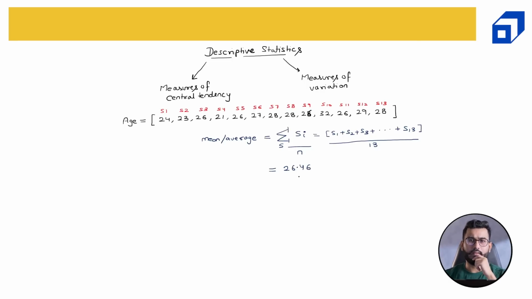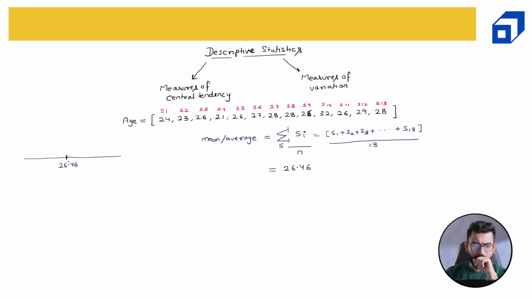What is the meaning of average? Assume that I have a number line. Now in this number line, this point 26.46 is lying at the center of the data, or maybe at the center of the number line. Now it might be at exactly the center, it might not be exactly at the center, but moreover it will be around the center.